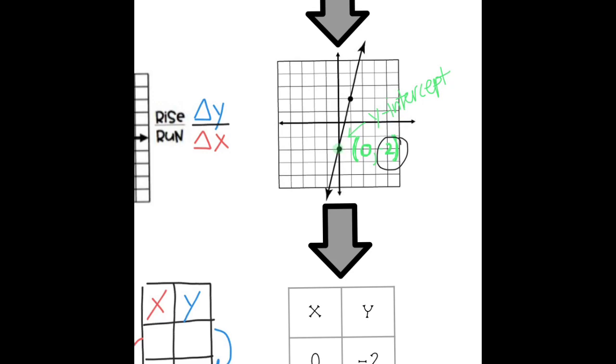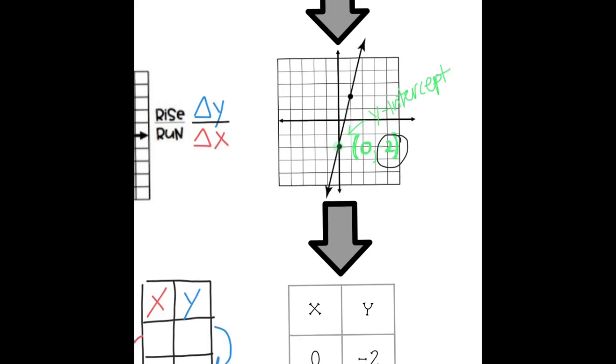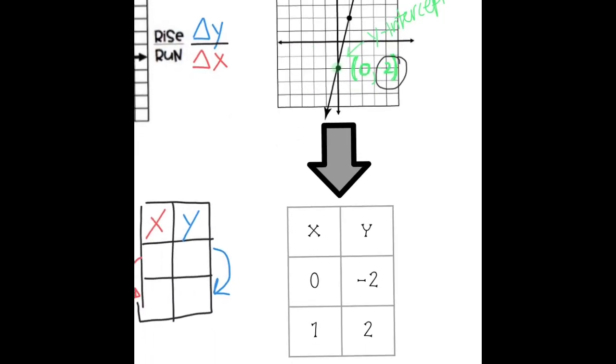Now, because we know that the y-intercept always has an x-coordinate of 0, and we know that because we are looking for a point on the line that is right on the axis, you can also find the y-intercept on a table.